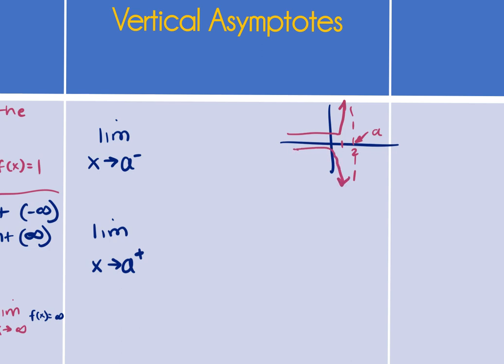So it'll either be a large number or a very small number, okay? And as it approaches from the right, you're going to do the same thing. Is it going up or is it going down? And from there, you would describe the limit approaching either positive or negative infinity.